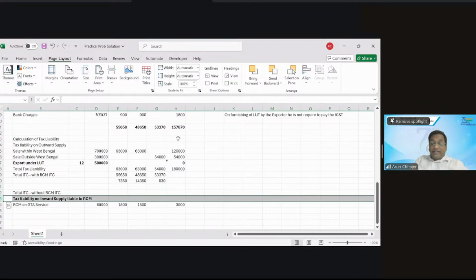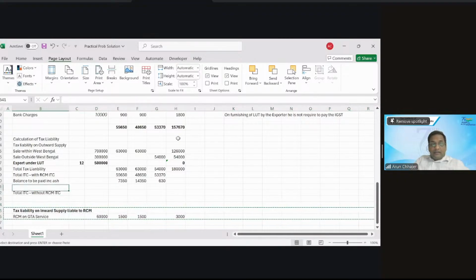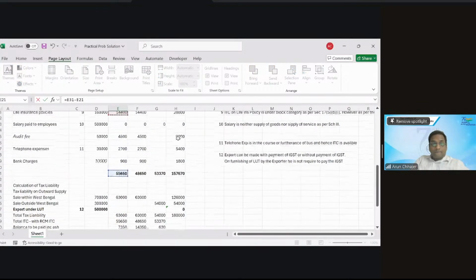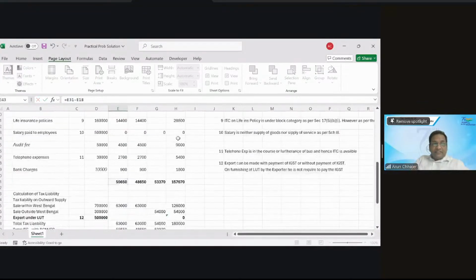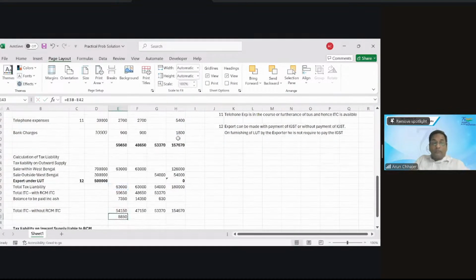See, if I write with RCM liability, then this much of the liability balance is to be paid in cash along with this much. If I will say without RCM, then probably I have to pay higher amount of liability in cash.